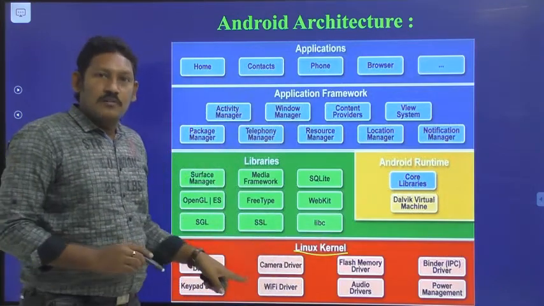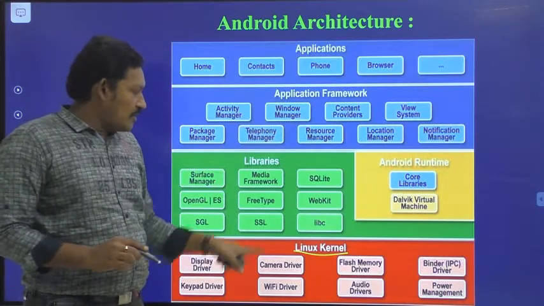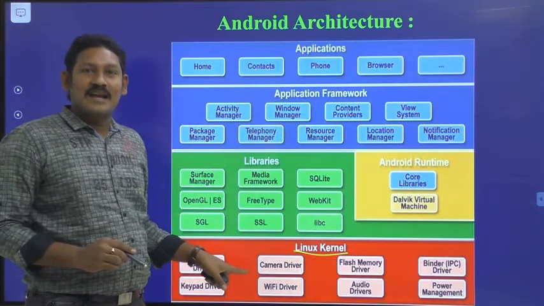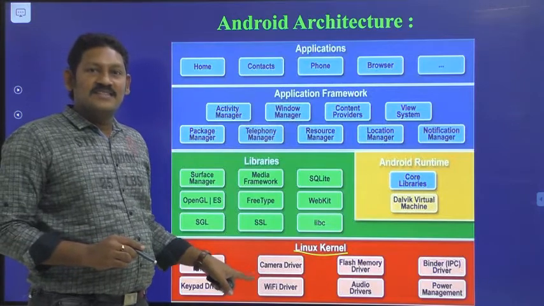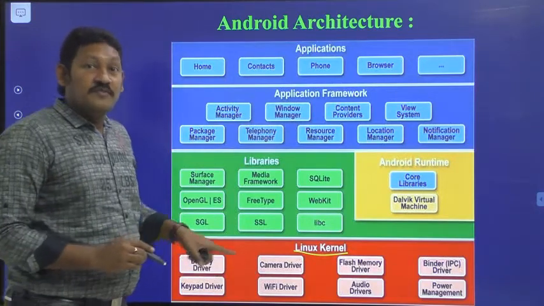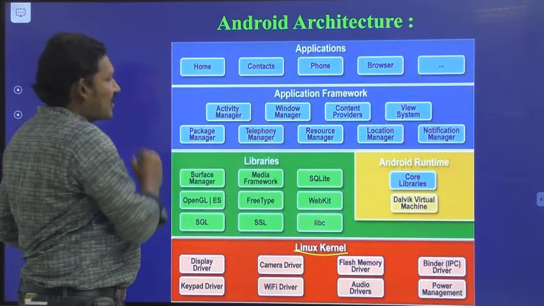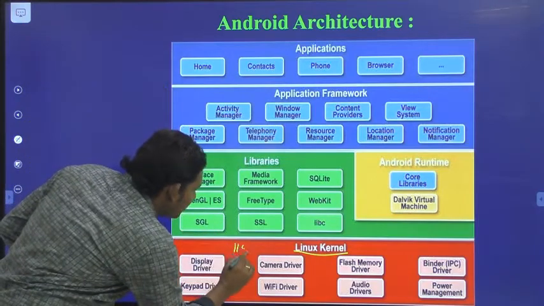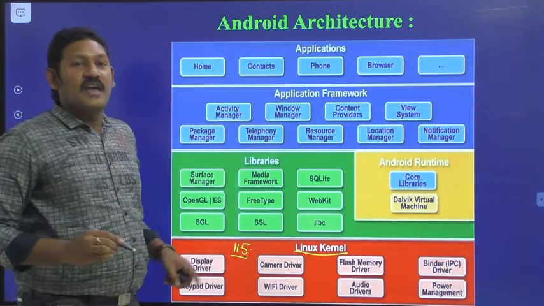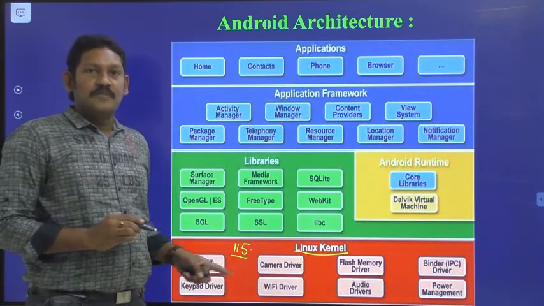At the bottom layer, we have the Linux kernel. Linux 3.6 with approximately 115 patches was used.